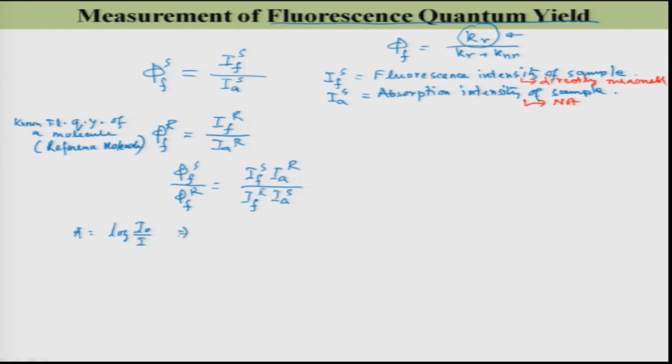So, that will going to give me minus A equal to 1 over 2.303 ln I by I_0. So, this I can write as equal to 1 over 2.303 ln, this I is equal to I_0 minus I_A, right, I_0 minus I_A by I_0.